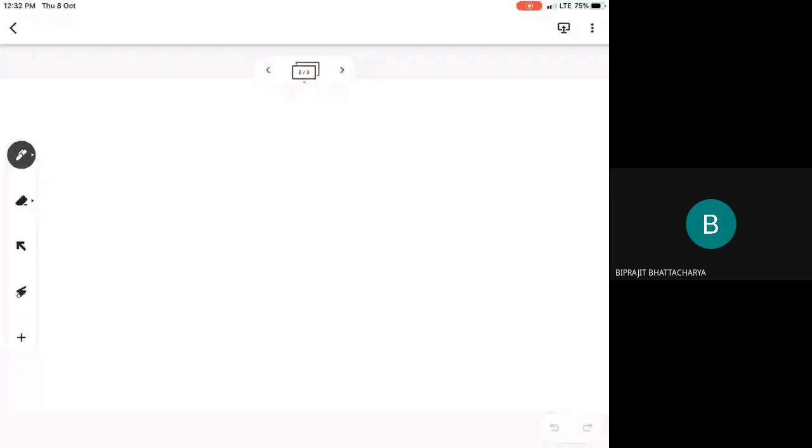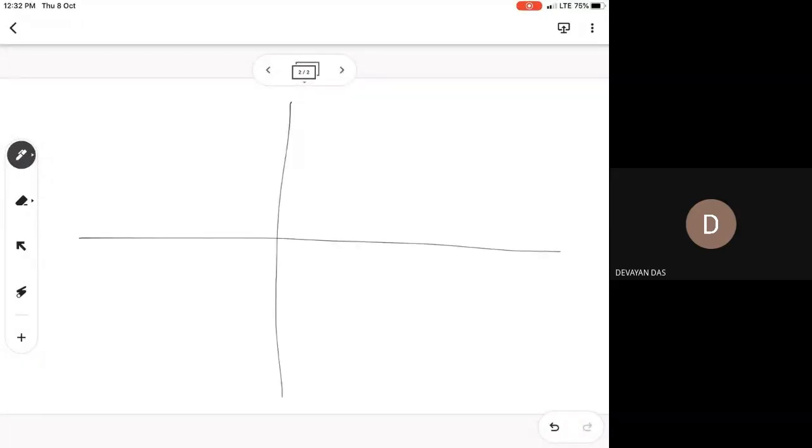Is the whiteboard visible to you? Yes, sir. So here, take into consideration that you know the angles which are present in the first quadrant will be in the form of pi by 2 minus x, because here to here the angle is pi by 2.